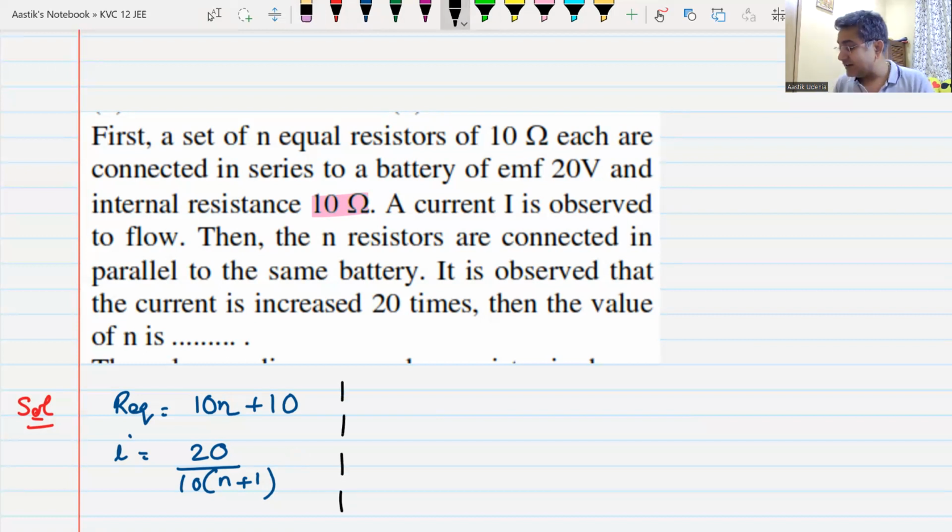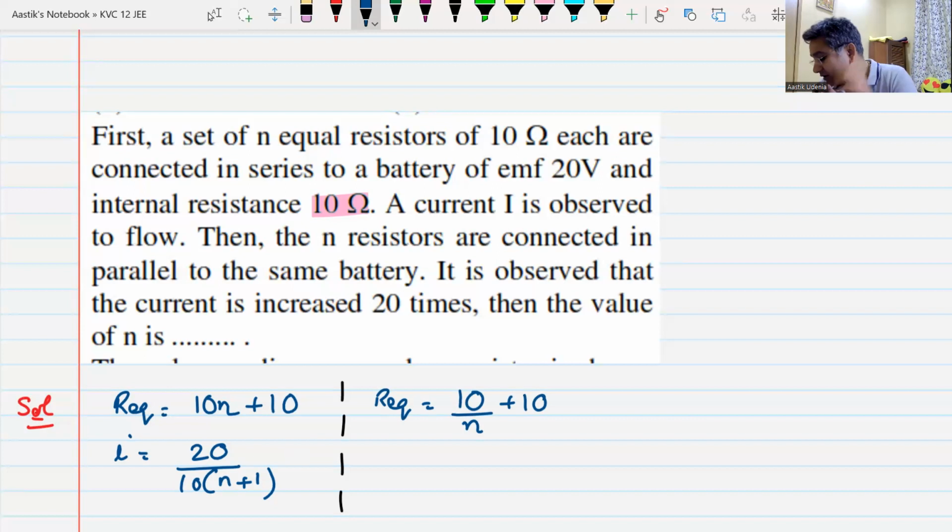Now these n resistances are connected to the same battery in parallel, and the total current becomes n times. When these 10 ohm resistances are connected in parallel, their equivalent resistance becomes 10 by n. But don't forget that there is one more 10 here, the internal resistance of the battery.